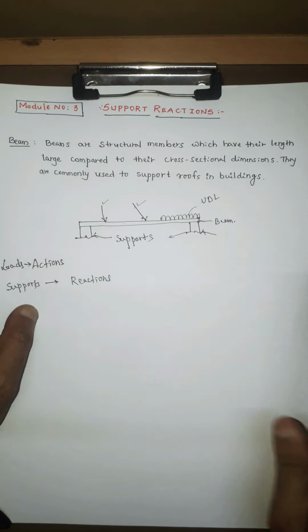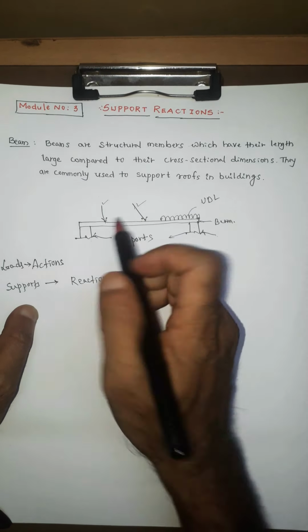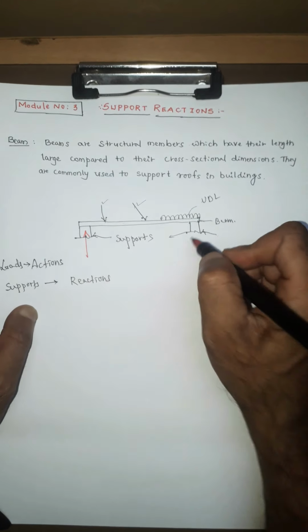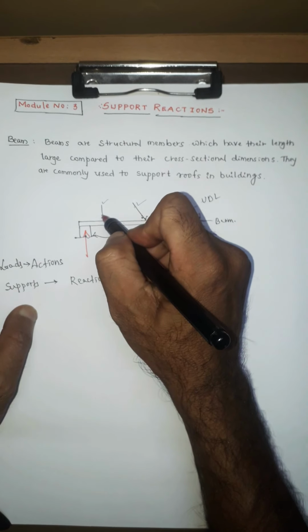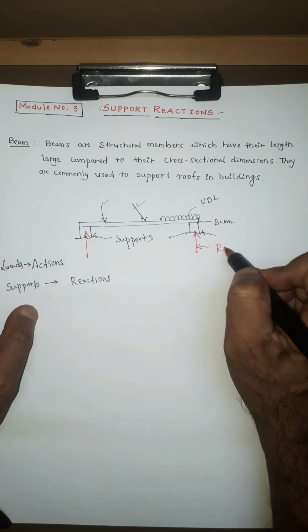For example, this is a support, this is also one support, and these supports are going to give the reactions. These are actions, and these actions will be resisted by the reactions.